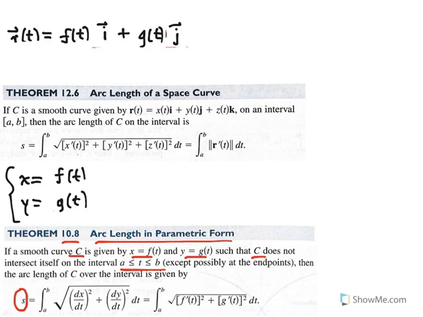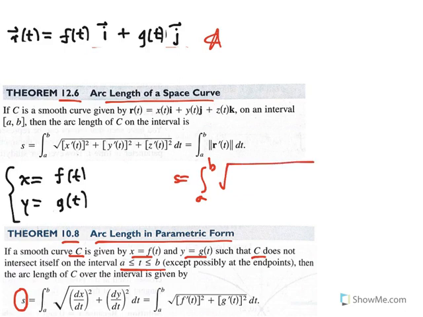Now, if you take a look at how we do arc length for a curve described by a vector-valued function, we do it the same way. And of course, you have Theorem 12.6, arc length of a space curve. Now, if you just restrict your consideration to plane curves, then this theorem that you see here as 12.6 will just simply be arc length is equal to the definite integral from a to b, and you just have one fewer component.